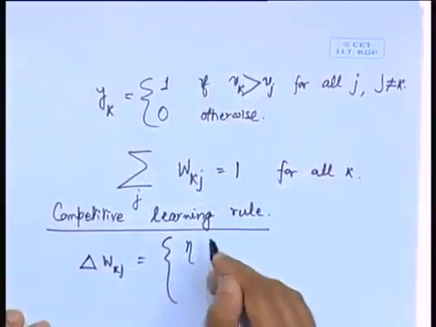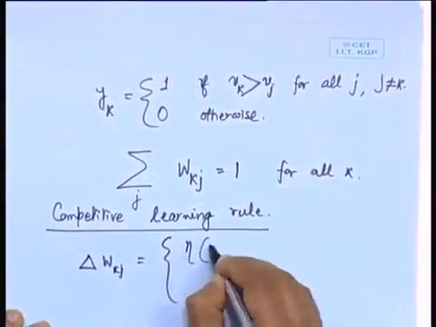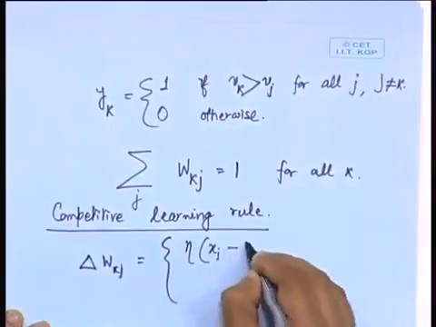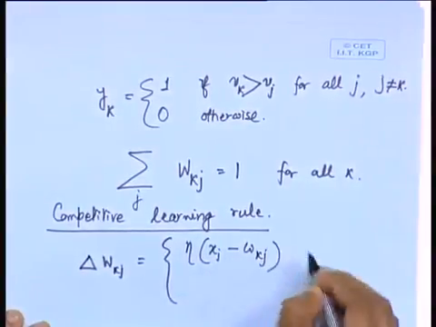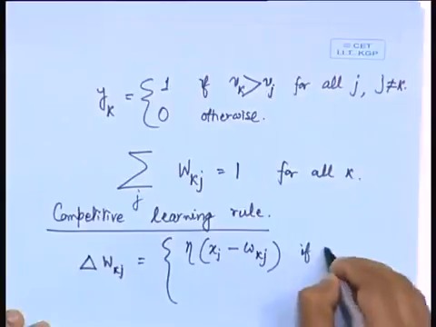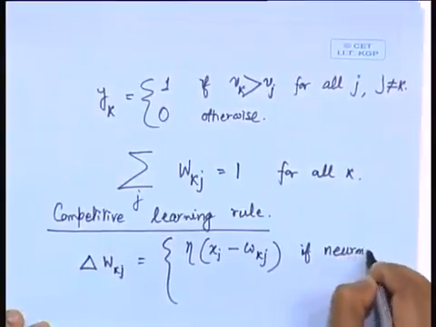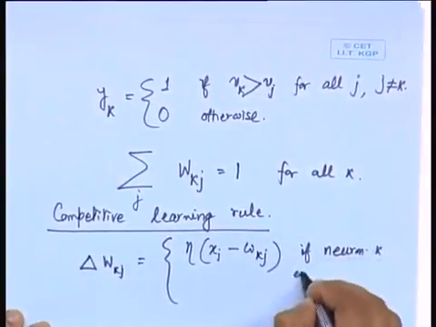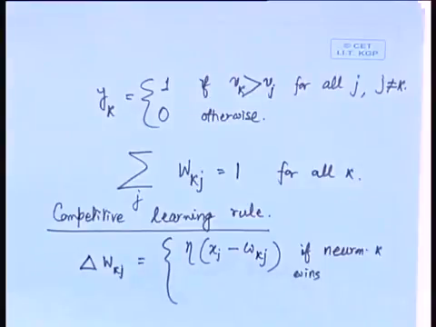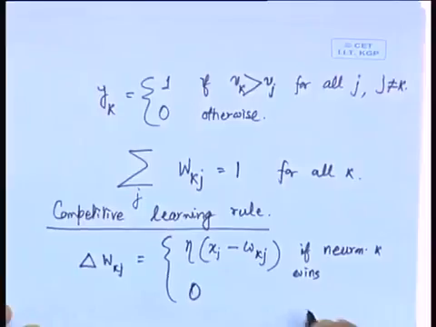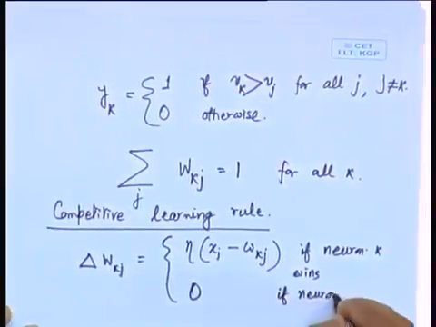It says delta Wkj is equal to Xj minus Wkj if neuron K wins the competition, and delta Wkj is equal to 0 if neuron K loses.